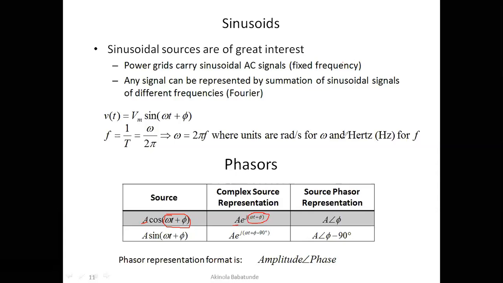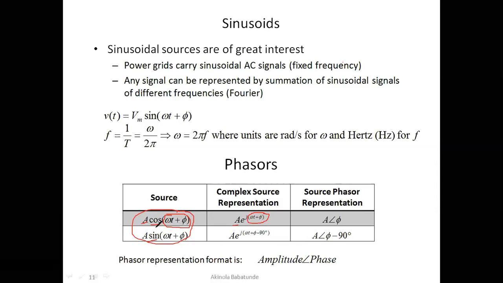Since we are dealing with AC signals, it could be in terms of cos or in terms of sine. If it were a DC signal, the source would be constant, like 12, 20, 30, or 50, like we have already done in previous discussions.